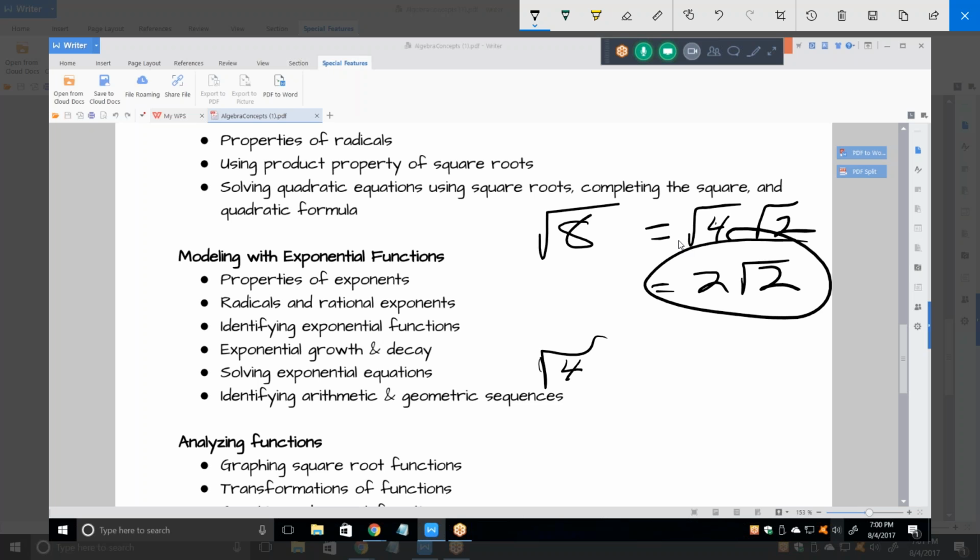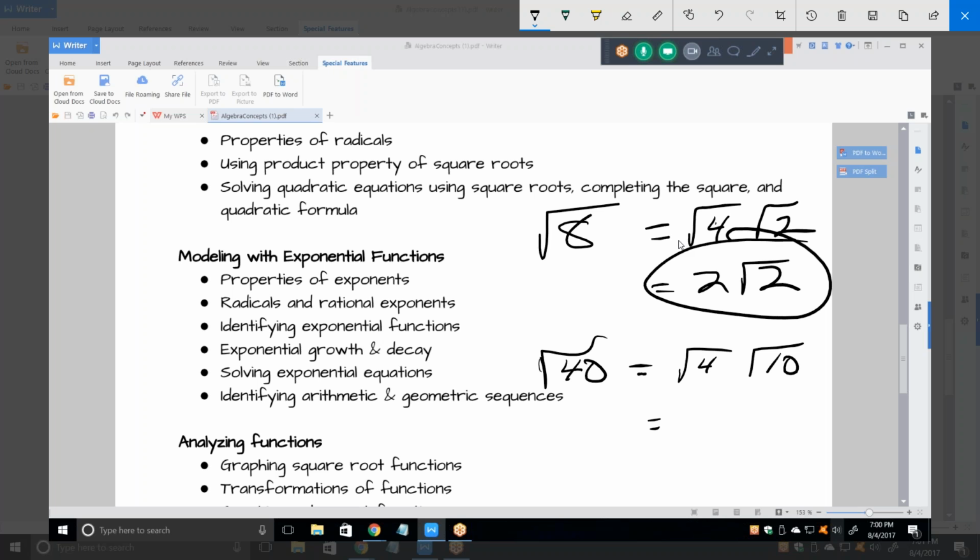Now, a little harder. Tell me what the square root of 40 is. It would be the square root of 4 times the square root of 10. And then what would it be then?